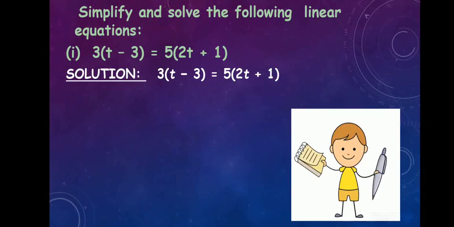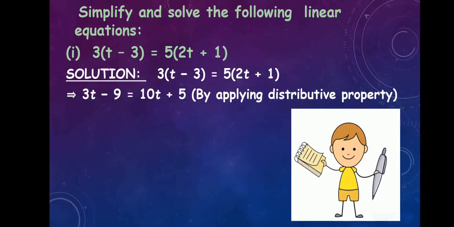On the right hand side, 5 will be multiplied with 2t and 5 will be multiplied with 1. Like this way: 3 into t is 3t, 3 into 3 is 9, 5 into 2t is 10t, 5 into 1 is 5. So in the next step, I'll collect all the variables on one side and all the constants on the other side.